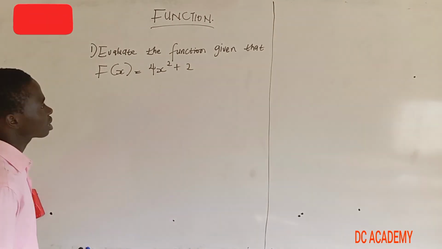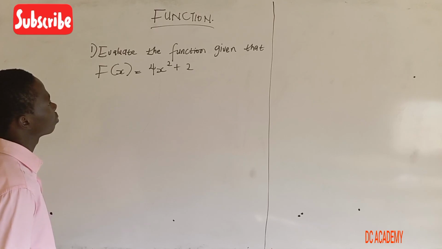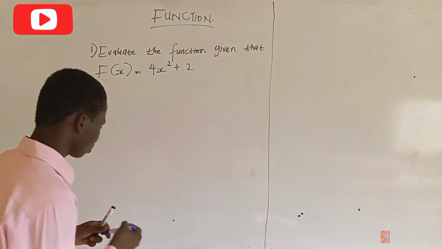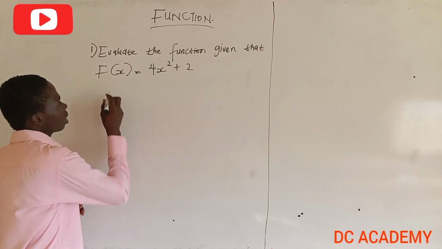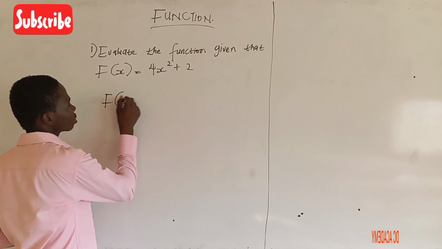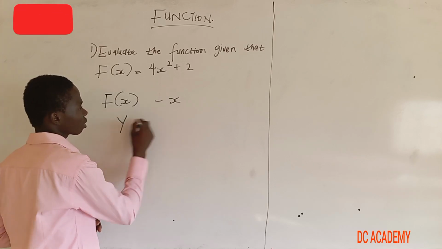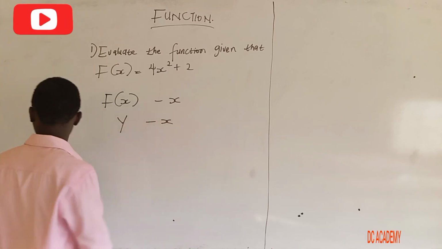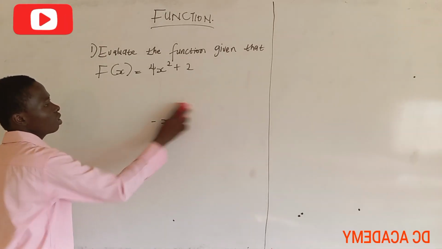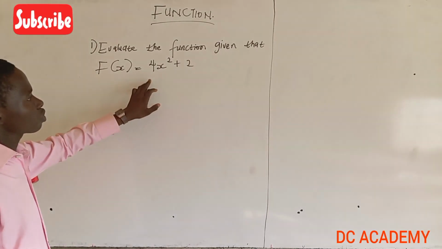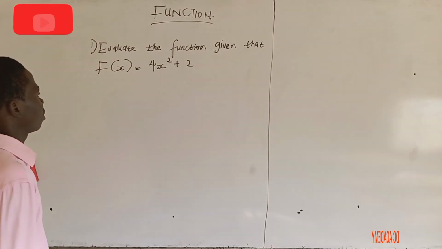What do you have to do in a case like this? Recall that a function is a relationship between an output and an input. The output is f of x, and the input is x, or you say it is y and x. Either way, when x is equal to 1, if you substitute 1 here, you get your answer.